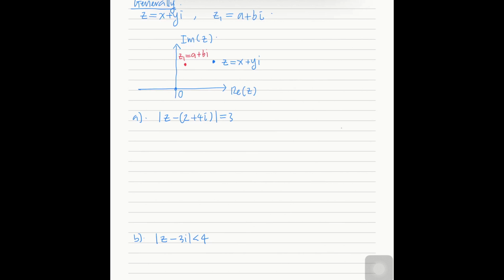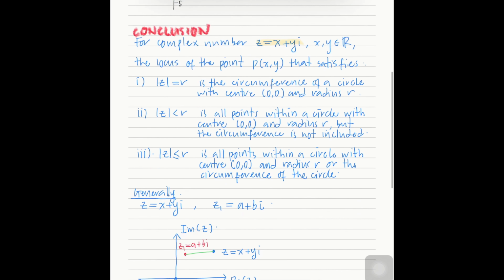And we have learned before this that we can find the distance between these two complex numbers by using the modulus formula or Pythagoras theorem, also known as the magnitude of a complex number. So how can we find it?